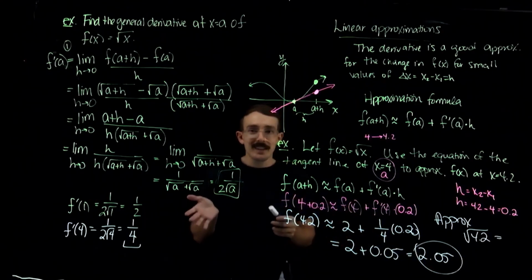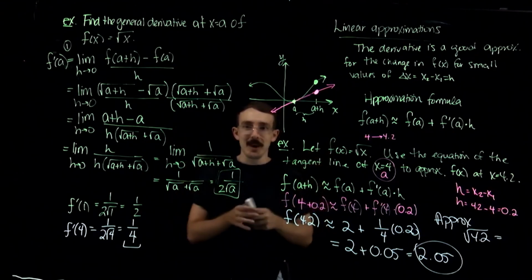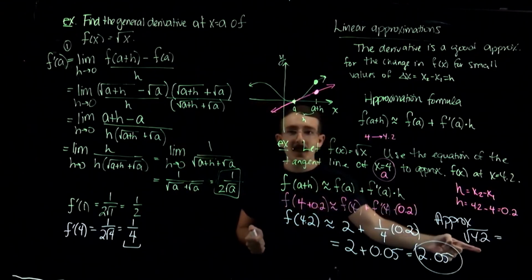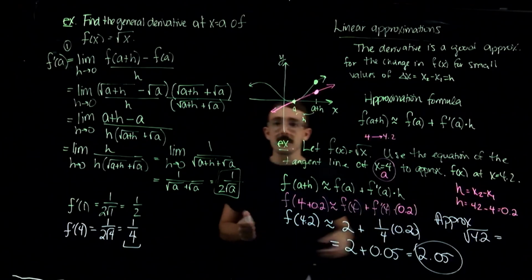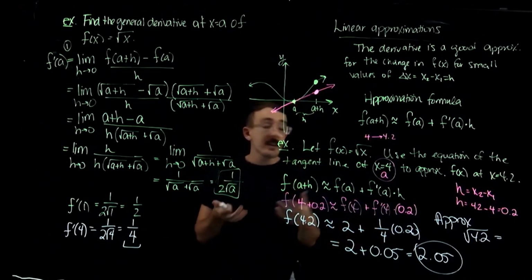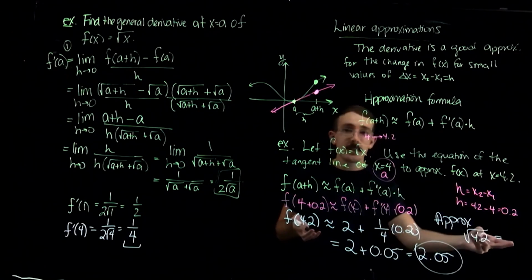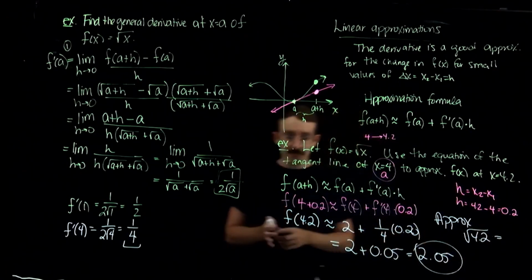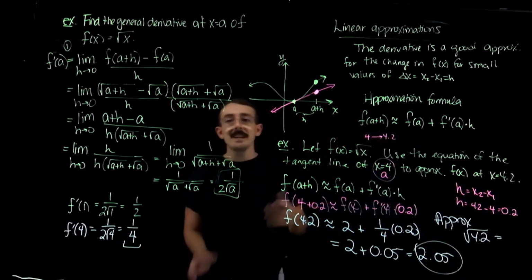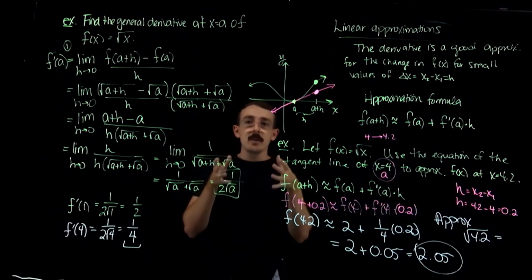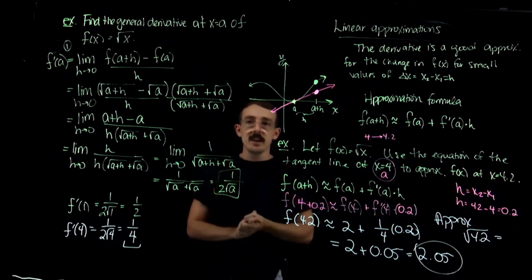I don't have a calculator handy, and I'm not like a genius or something, so I don't actually know what that is to 6 or 7 decimal places. But if you put it in your calculator right now, you'll see that it's probably very close to this. It's probably just a little bit greater than this. OK, so that's how you can use tangent lines to approximate values very close to the tangent line.